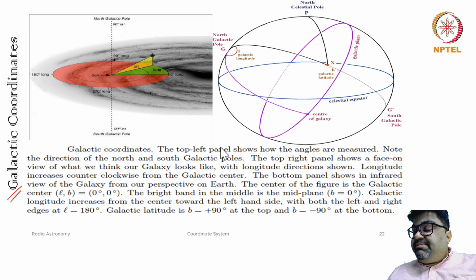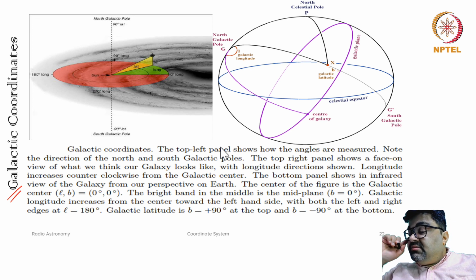It is a projected coordinate system where the equator is in the galactic plane, and the longitude increases counterclockwise from the galactic center.